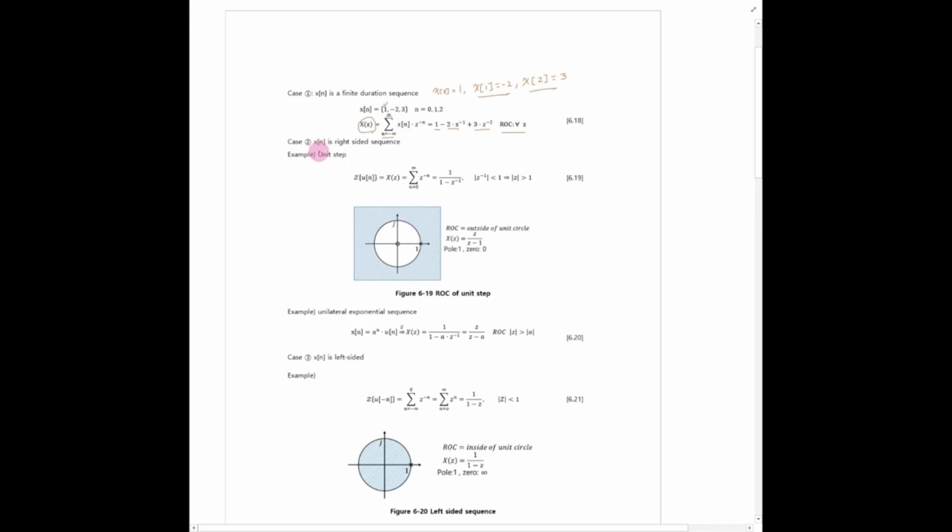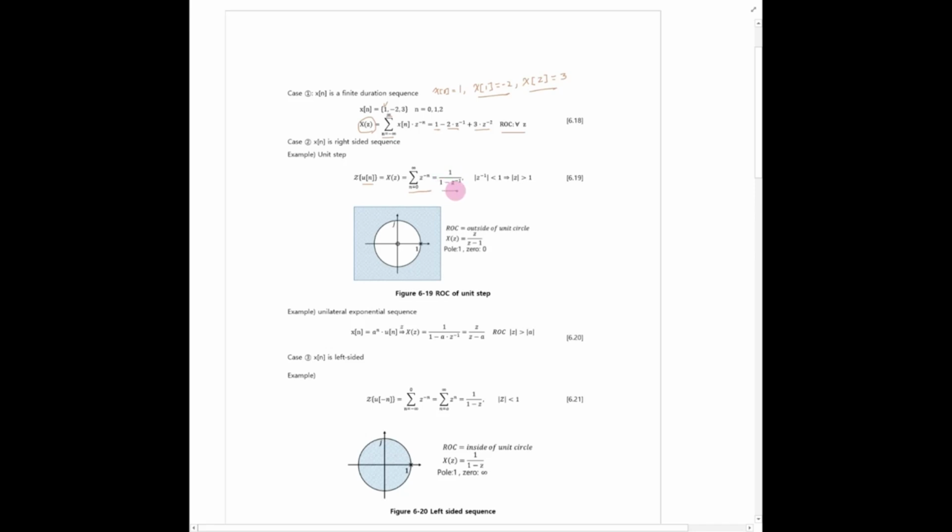What about the right-sided example? Here is a unit step. The unit step sequence is this one. By taking the G transform, it's this one. With unilateral indexing, it's the sum from n equals 0 to infinity of g to the minus n. You know that this is a summation of a power series, so it's 1 over 1 minus g to the minus 1.